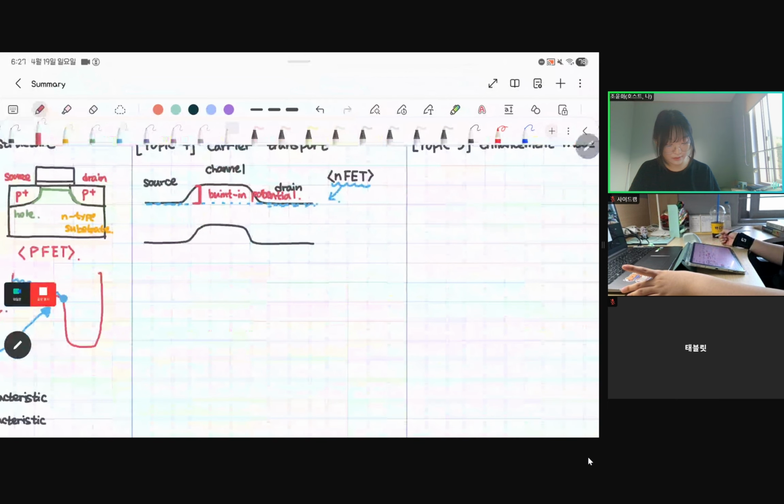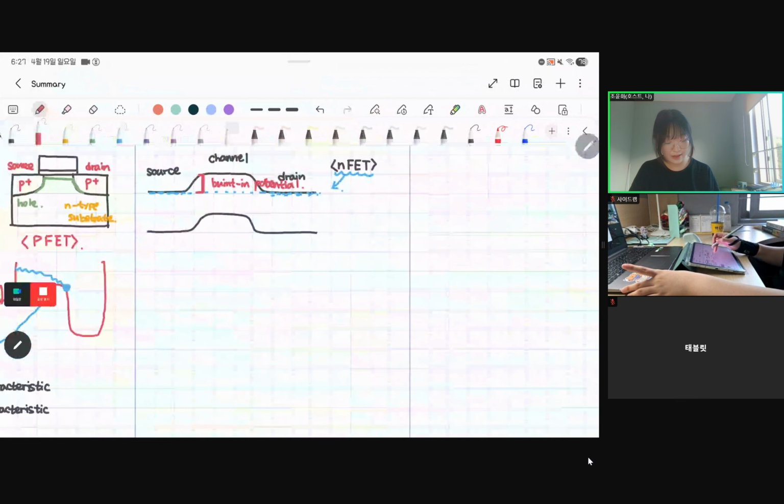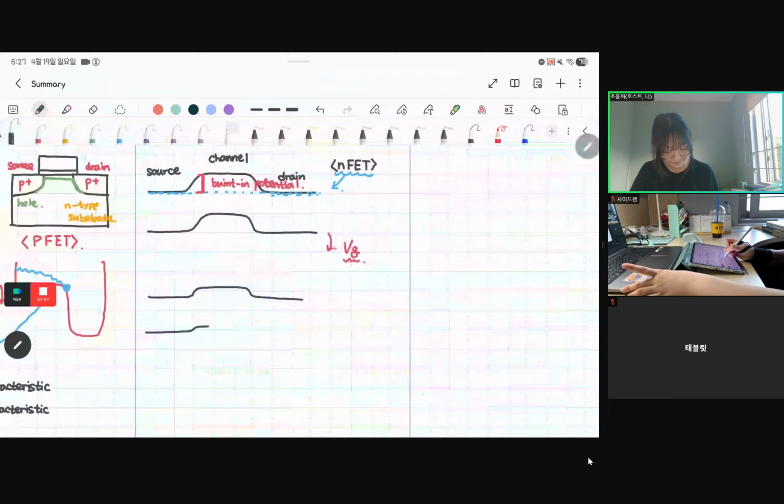This is the thermal equilibrium state, and when we give a gate bias to this MOSFET, we can draw the band diagram like this. The built-in potential between source and channel to drain is lower.